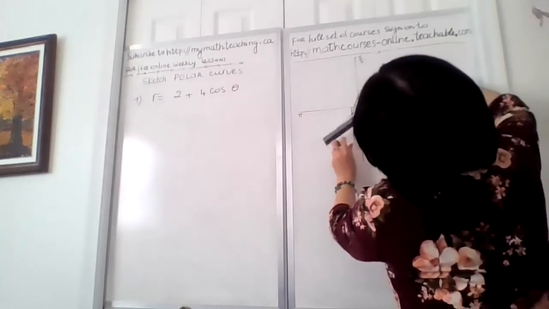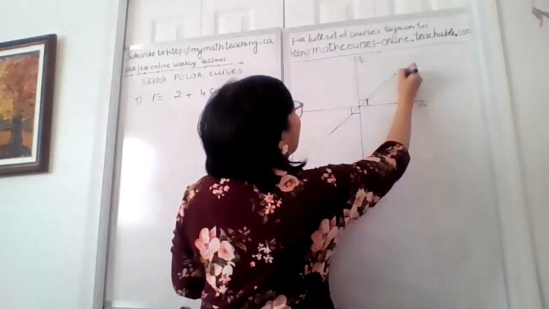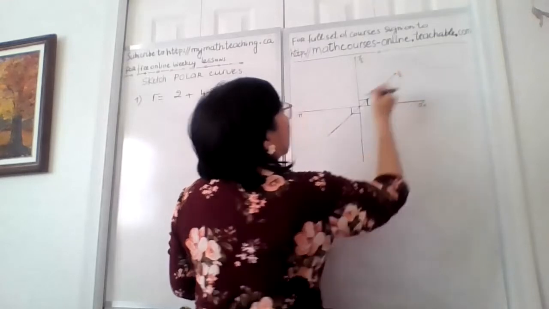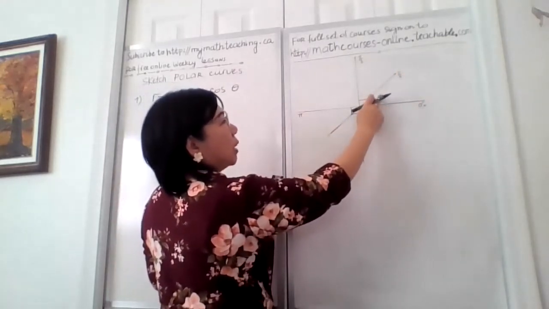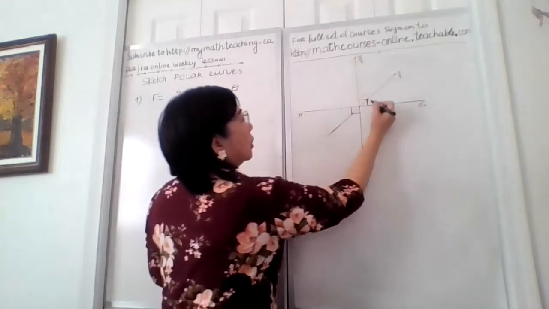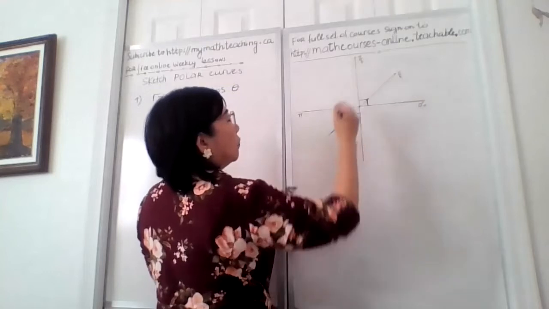And because it divides this by half, I call this pi over 4. Here you can count 1 pi over 4, 2 pi over 4.